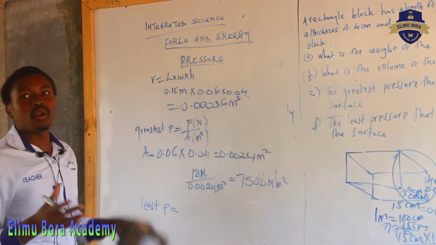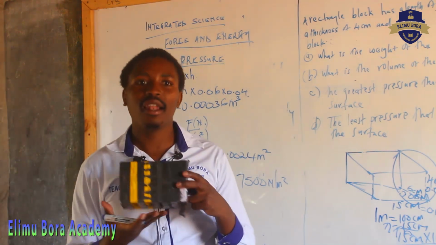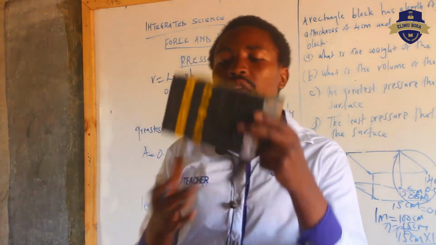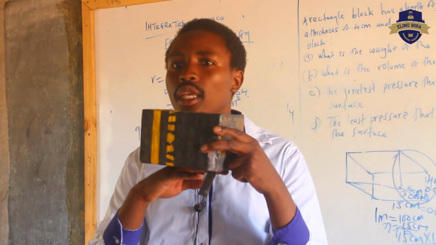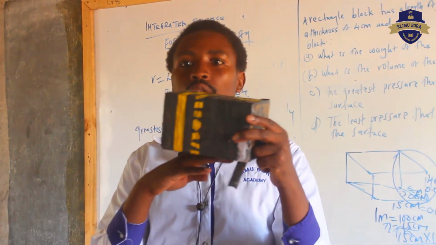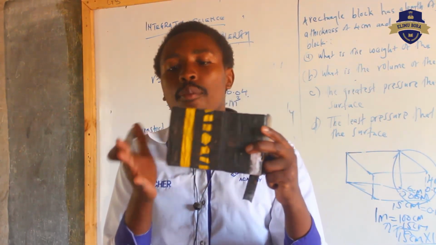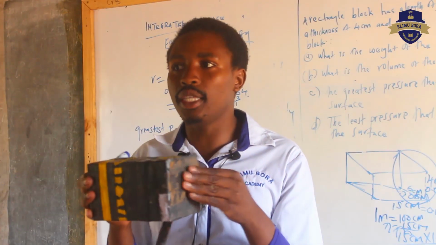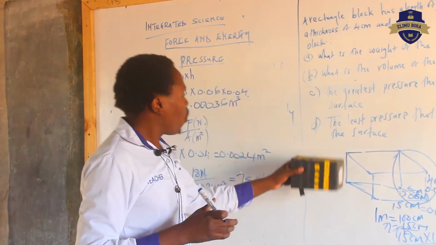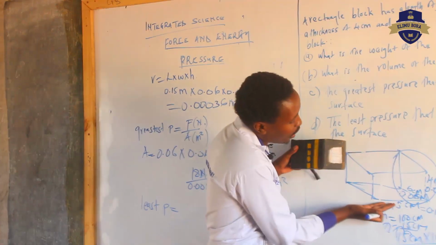Now let's check on the last one, the least pressure. The least pressure will be on the large surface. Our large surface is the lower surface, which is large compared to the sideways surface. When you put the block on it, it is resting on the lower side.